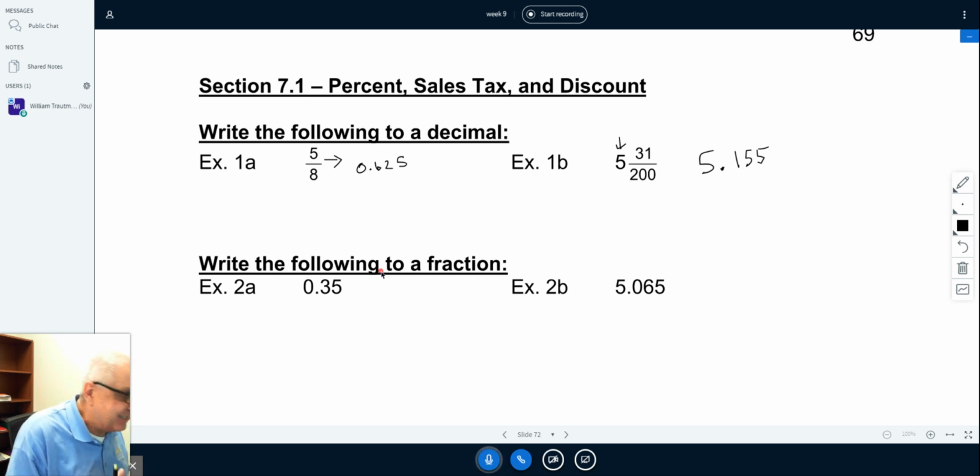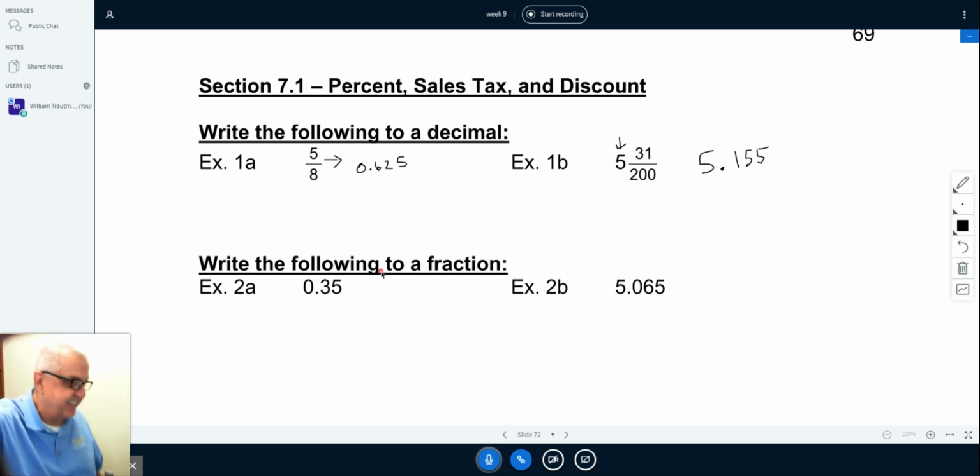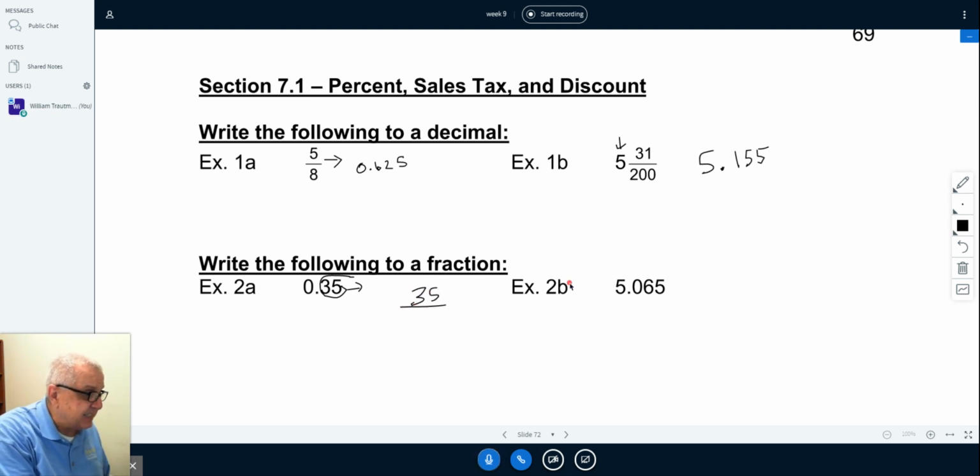So I'm going to tell you how to change a decimal to a fraction. The first thing you do is write the entire decimal on top of the fraction, 35. You see, I'm writing it without the decimal point. Write the entire number to the right of the decimal on top of the fraction.